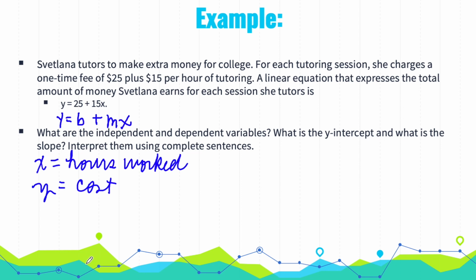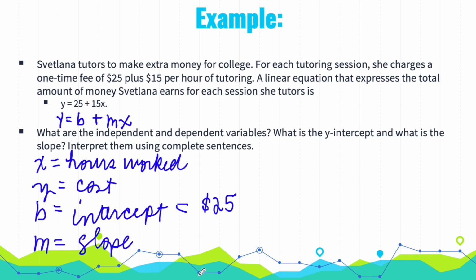The y-intercept is b, and that's our one-time fee. That doesn't depend on how many hours Svetlana works. Finally, the slope is the steepness of our line, and we would write that as m. Sometimes we say slope, sometimes we also say coefficient. Fancier statistical word, means the same thing as slope. And here, this is the dollar amount per hour of tutoring. So in this case, it's 15.